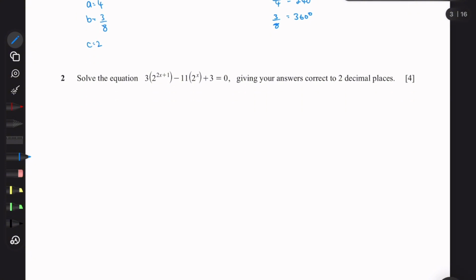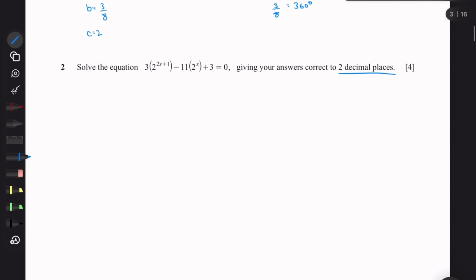Question 2. Solve this equation giving your answers correct to 2 decimal places. For this question, we should change it into a quadratic, letting y equals 2 to the power of x.